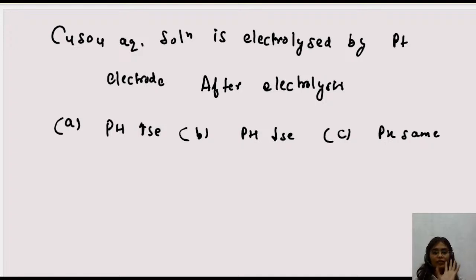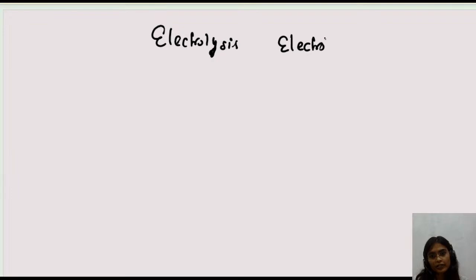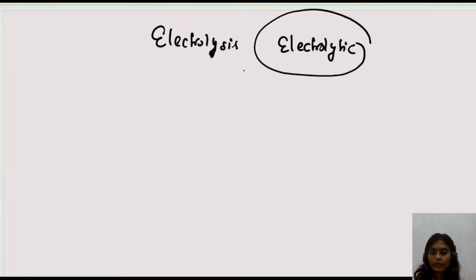Anyway, I'm not assuming you're able to answer the question. Listen, what does the question ask? You have a copper sulfate aqueous solution, and the electrolysis is by platinum electrodes. Electrolysis means you have an electrolytic cell, which converts electrical energy into chemical energy.